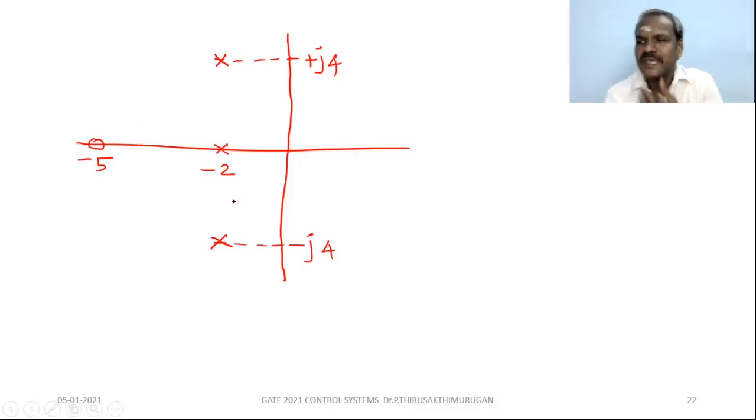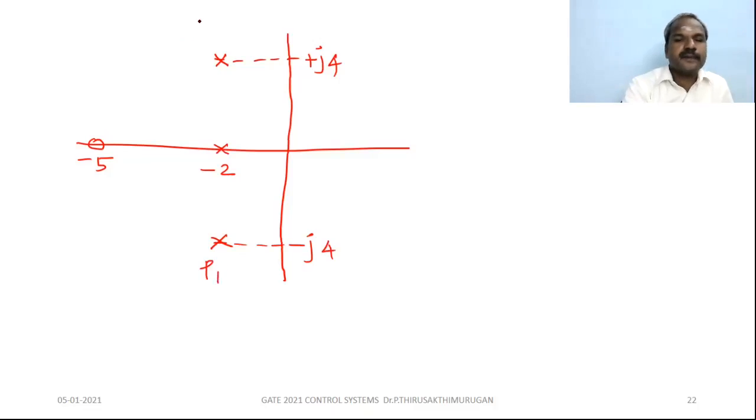Let us calculate the pole angle made by P1, the angle of P1. Clear? So what is the P1 angle, theta P1? Say this is P1 and this is P2. What is the angle made by the other pole with respect to this? 90 degrees. So theta P1 equals 90 degrees.